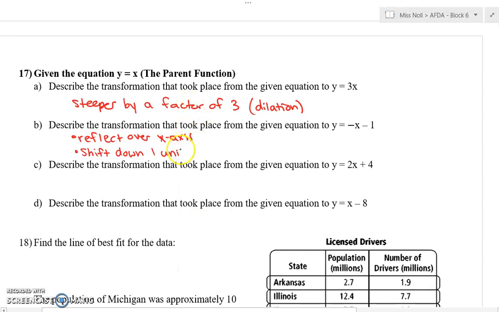So this is a translation. So again, you have 3 options. Dilation, changing the slope, translation, changing the y-intercept, and then reflection, making the slope negative. Something like that.